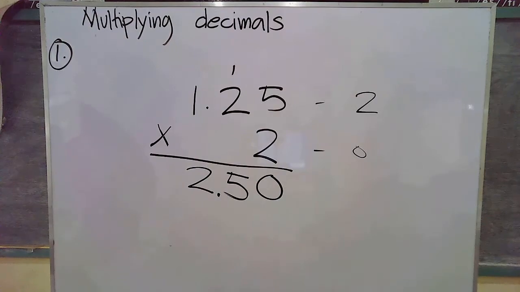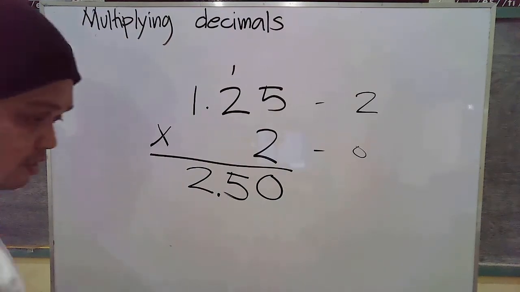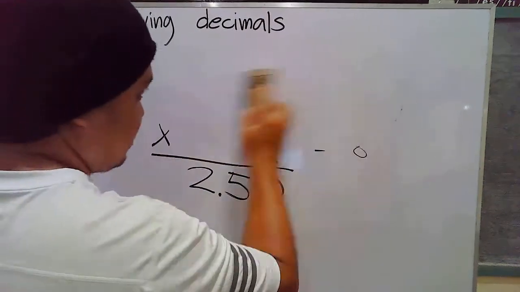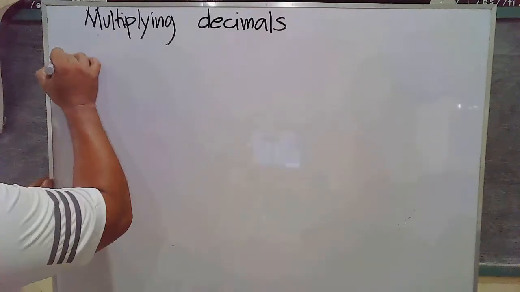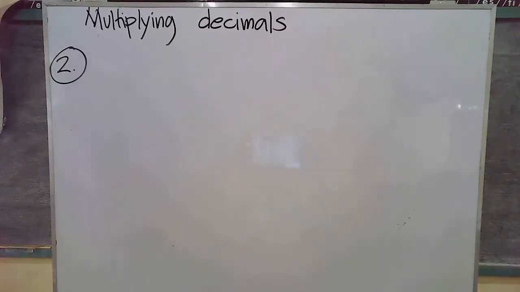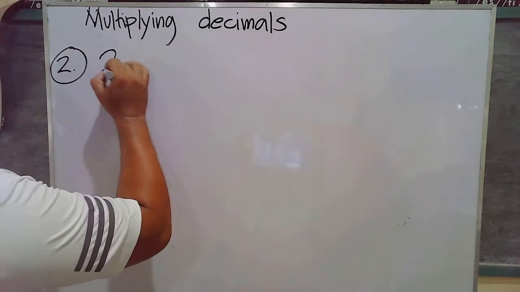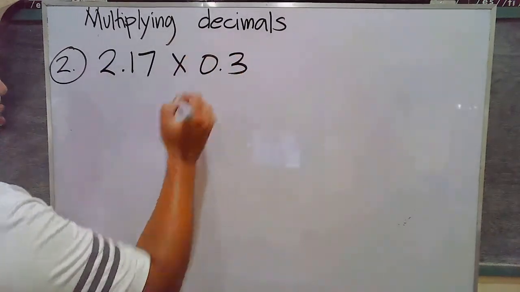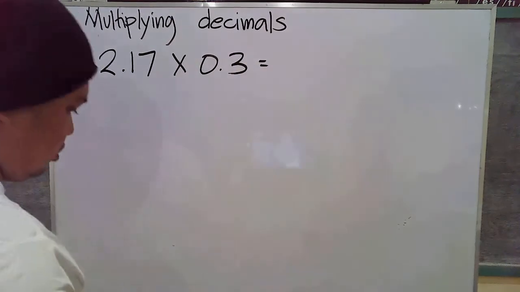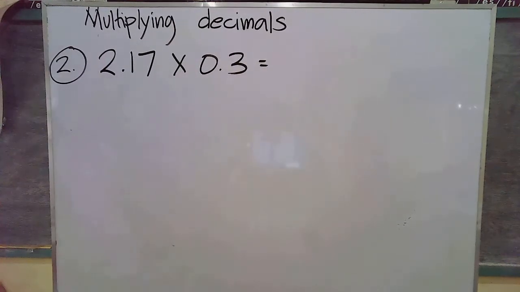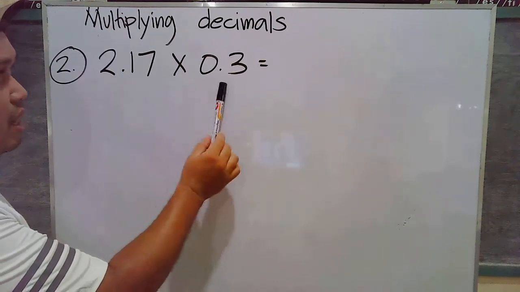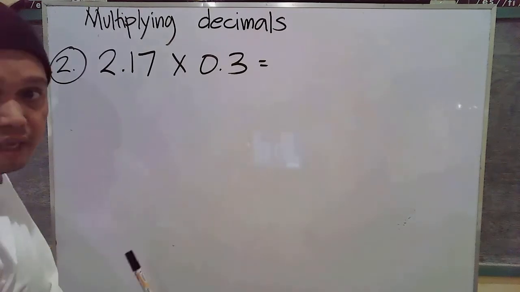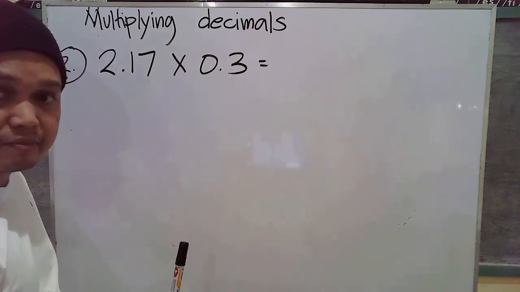Okay? So let's have some more examples to explain it further. We have 2.17 times 0.3. Now we are multiplying 2 decimal numbers. How do we answer that?